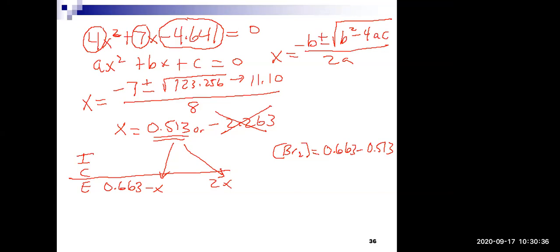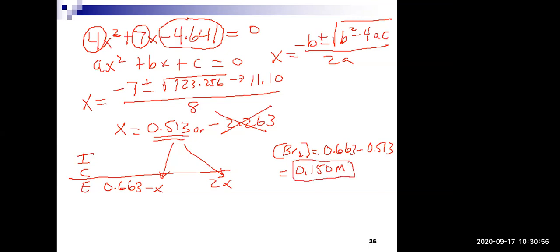And of course, come here, calculator. Don't die so quickly. 0.663 minus 0.513. There we go. Gives us a Br2 value of 0.15 molar, as it is a concentration.